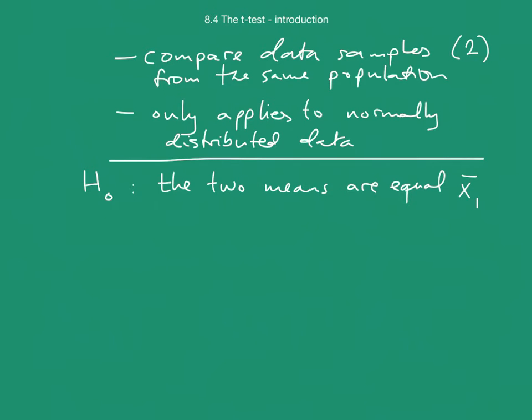So x bar, this bar above it means mean. So the mean of x's in the one sample is equal to the mean of x's in the second sample. And by equal, we mean it's not so different that they are unequal. So again, they're never going to be exactly the same.